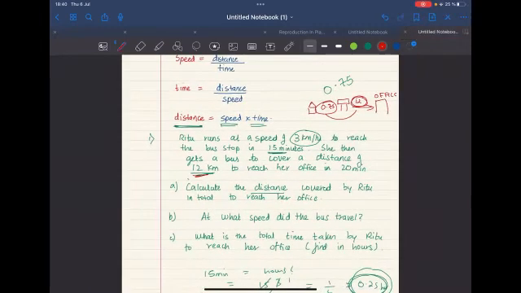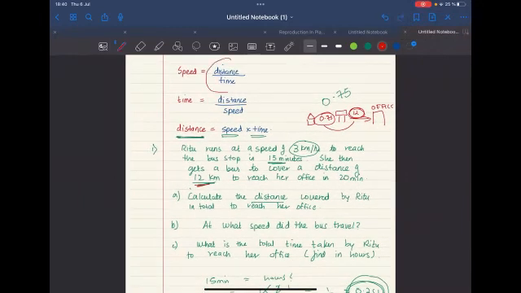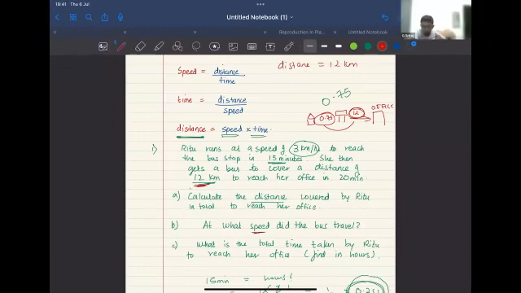At what speed did the bus travel? You know the speed formula is distance by time. So the speed the bus travels, the distance covered by the bus is 12 kilometers, right? The speed only we need to find. Now we know the time.